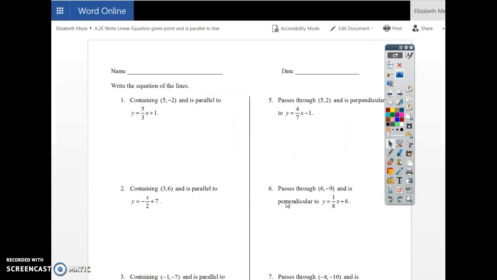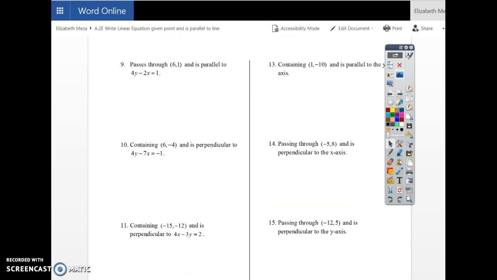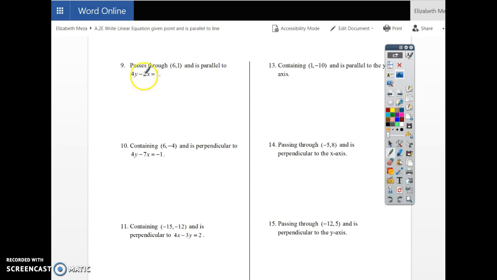And we're supposed to be doing problem 9, 10, and 11. Those you have to solve for y first. So solve this one for y. Find the slope that is parallel. And then use the point slope form to make it go through 6 and 1.